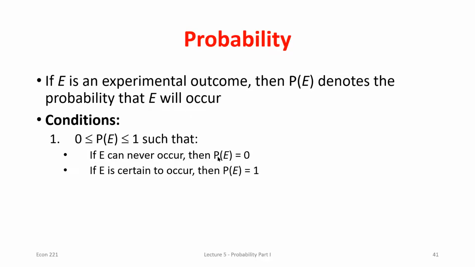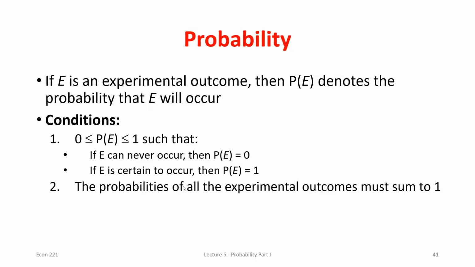We can't have a negative probability. The very lowest chance of something occurring is that it doesn't occur. So 0 out of anything would just be 0. So we know this probability lives somewhere between 0 and 1.